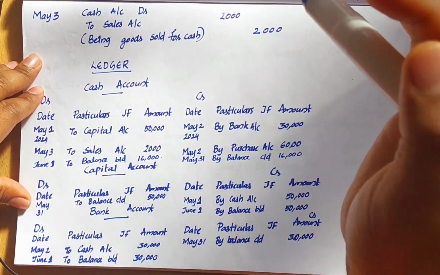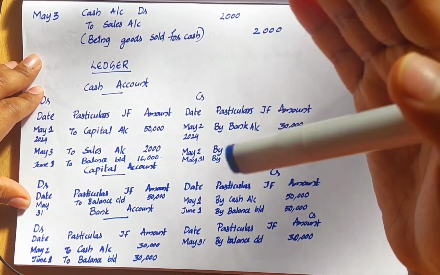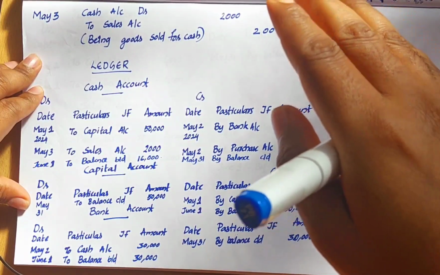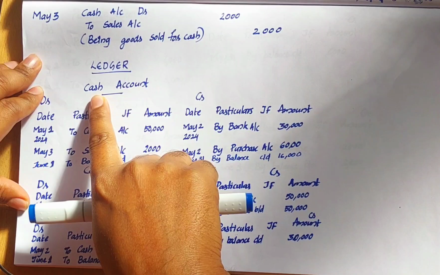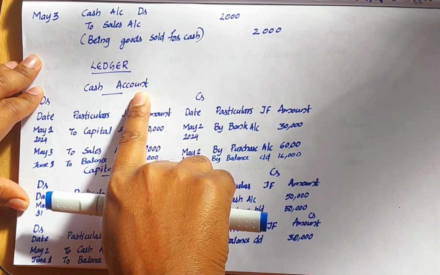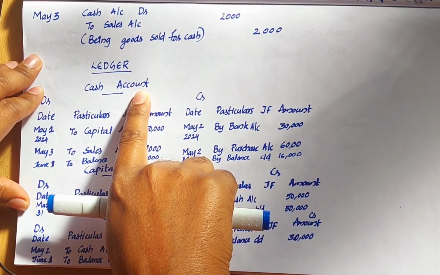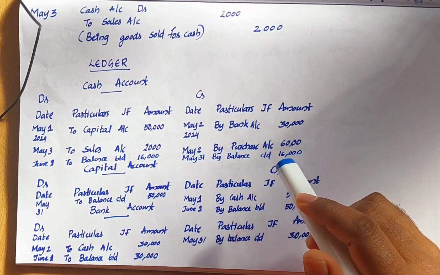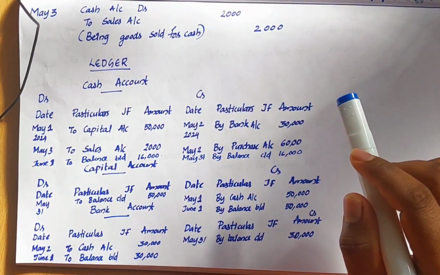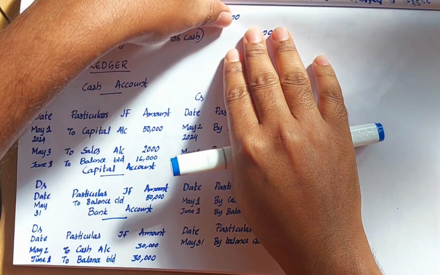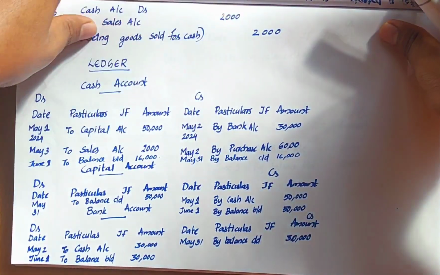We need to take all cash-involved transactions into one book called the ledger. Here we are going to prepare the cash account ledger. We need to check what all those cash-related transactions are.